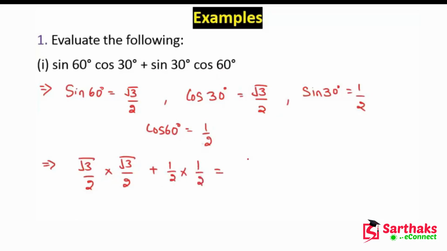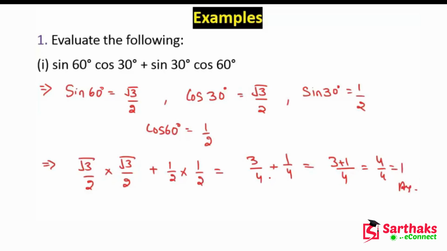If we solve this, we get 3 upon 4 plus 1 upon 4. If we take the LCM, 4 is the LCM, and this becomes 3 plus 1 is equal to 4 upon 4, so this is equal to 1. So this is the correct answer. I hope you understand these things, my dear friends.